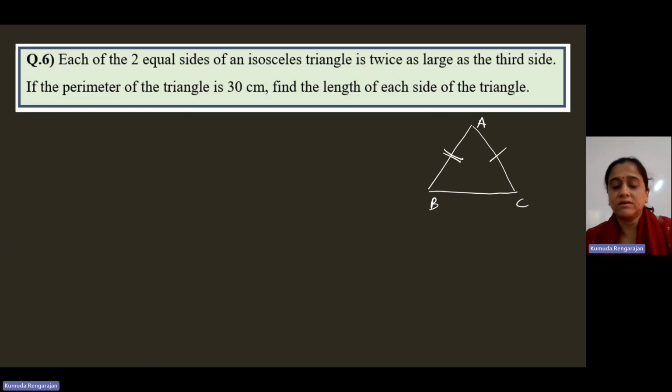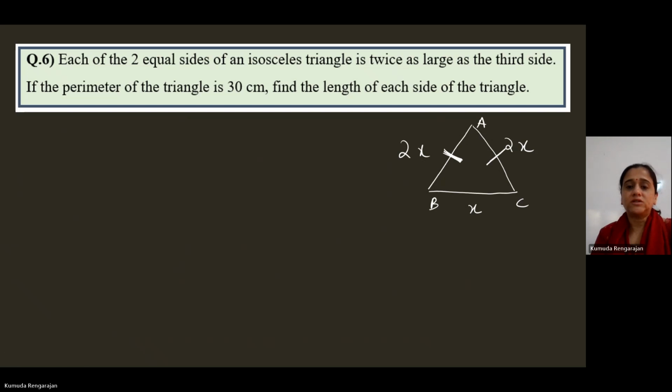Now, let's call the triangle ABC. ABC is an isosceles triangle with AB equal to AC. What's given? Each of the equal sides is twice as large as the third side. So if the third side is x, then the equal sides are twice this, 2 into x, 2x.